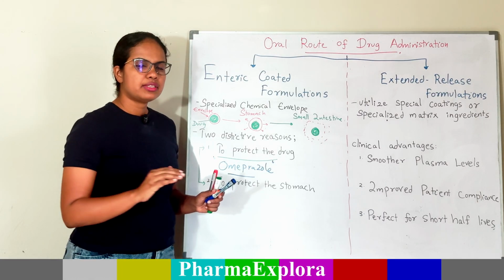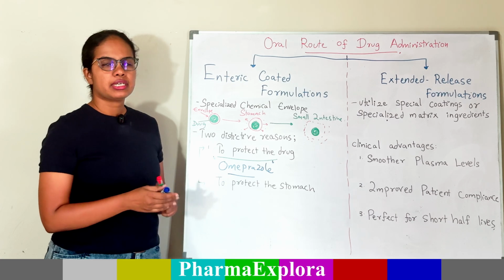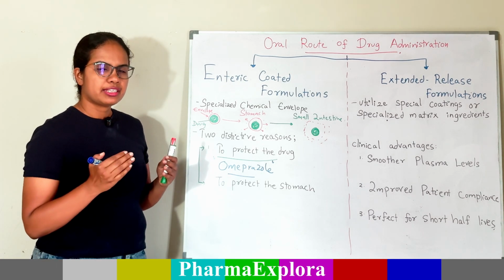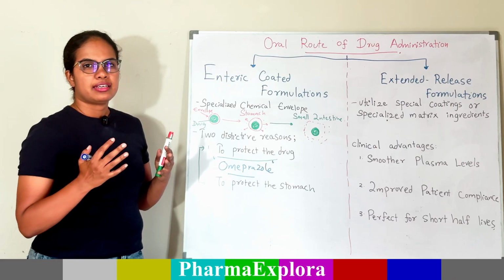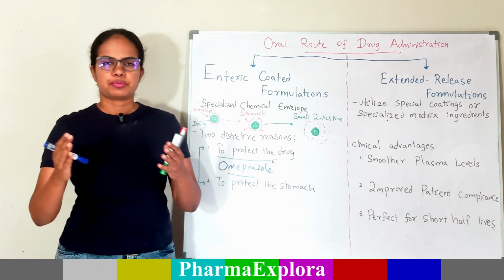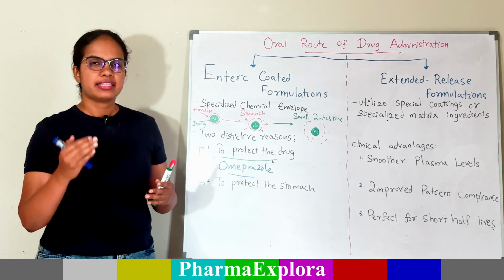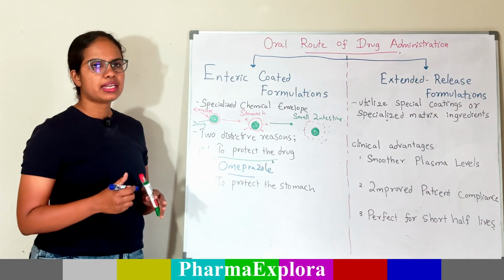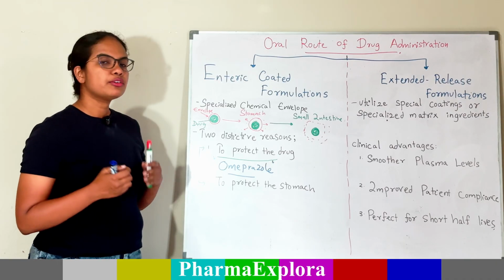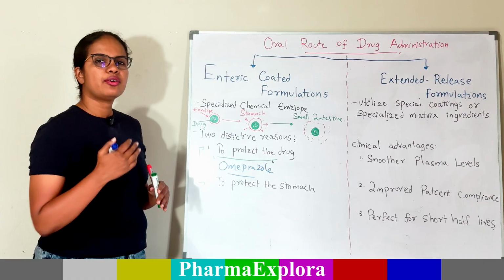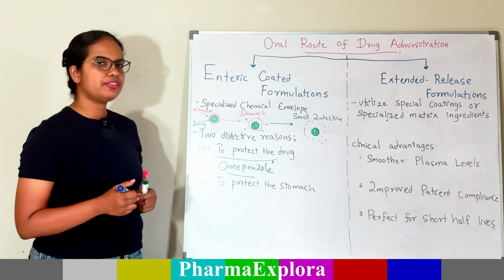So it has a special type of coating that prevents the drug from dissolving in the stomach, and it is transported to the small intestine. Then the coating dissolves and the drug gets absorbed. That is a good example of how we use enteric coated formulations to protect the drug.